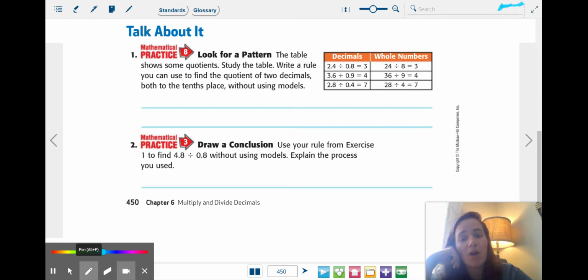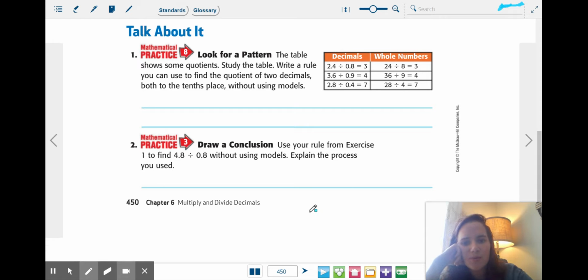So our rule could be something along the lines of if you're dividing tenths by tenths, the quotient is going to be the same as if you were dividing whole numbers.